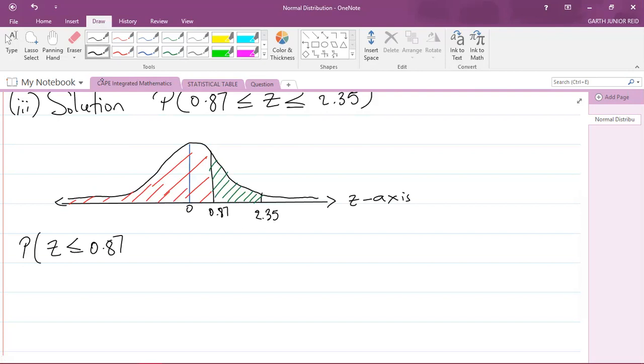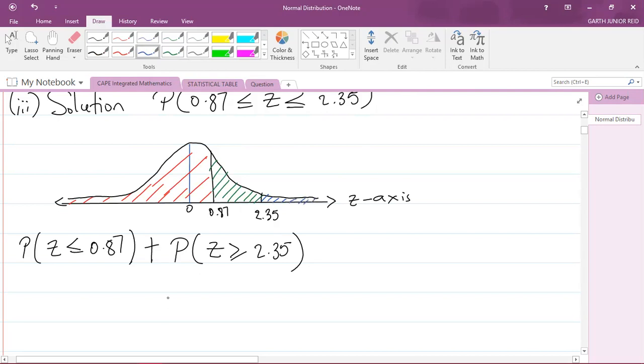That probability there, plus the probability to the right of 2.35, which is the area here in the blue.